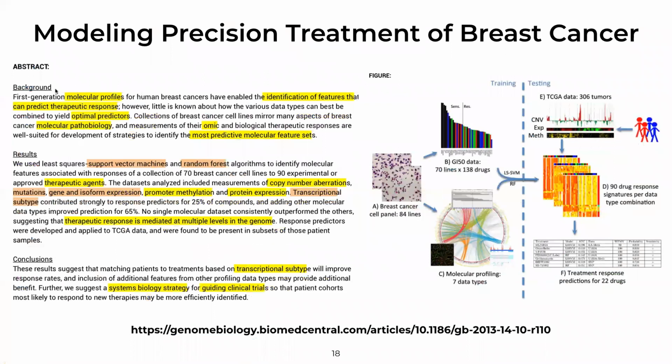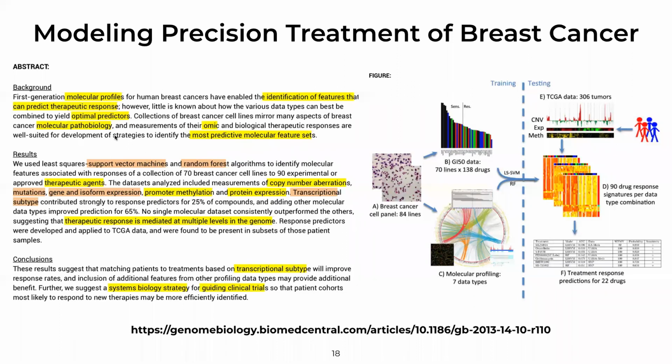And this paper, let's just quickly understand the highlighted words help us understand what it's about. So we're going to be looking at molecular profiles to identify features that can predict therapeutic response and select optimal predictors. Now, this is going to be a demonstration of molecular pathobiology that integrates omics level information and helps select most predictive molecular feature sets for a clinical classification in terms of diagnosis and selection of treatment.